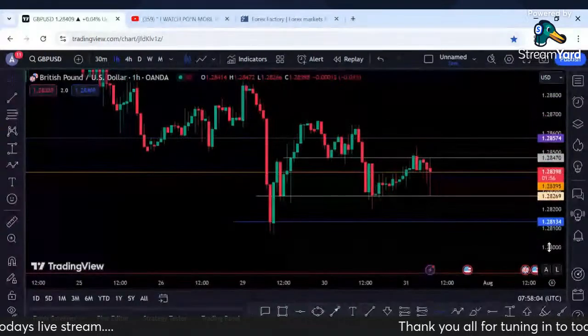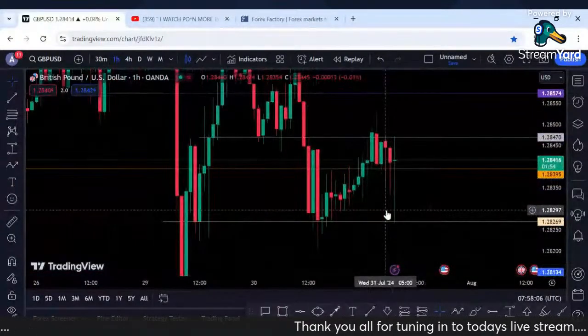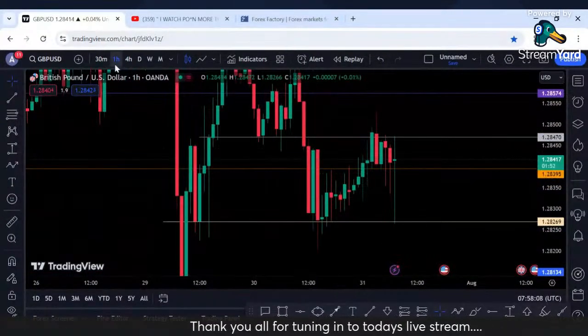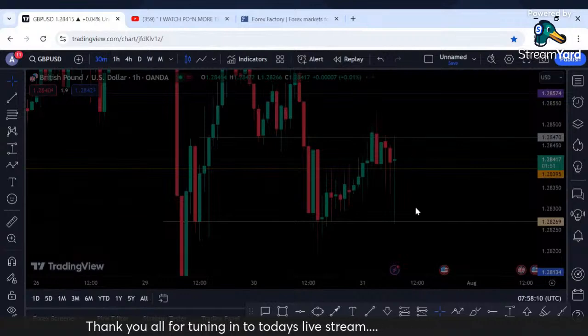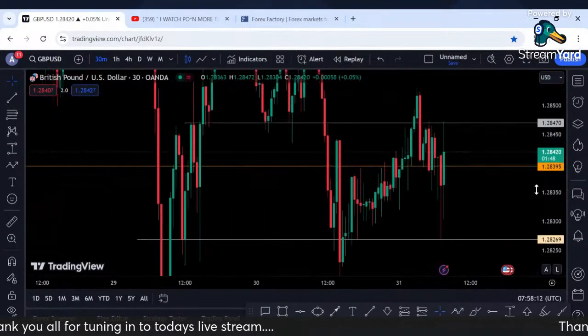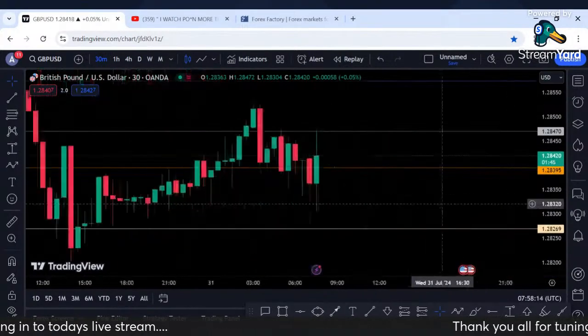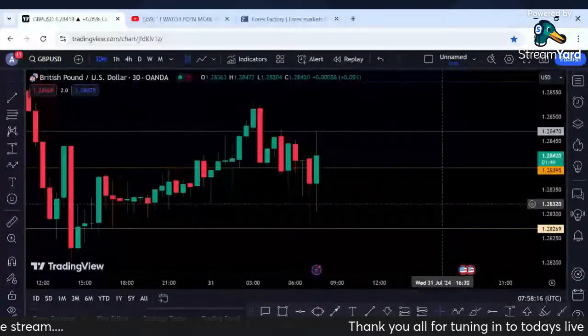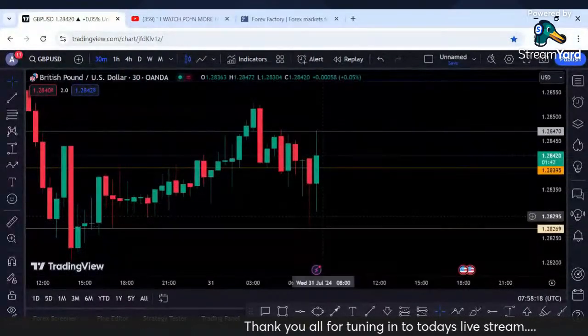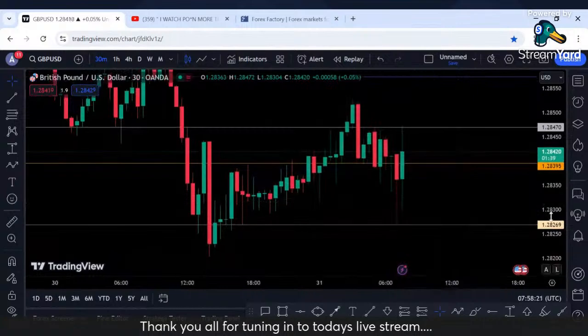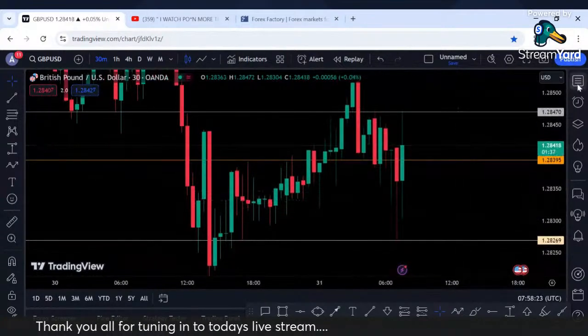That's what I'm looking for. If there's no opportunity, I think the market is ranging, so I might call it a day any moment from now. Trading is supposed to be simple, stress-free.